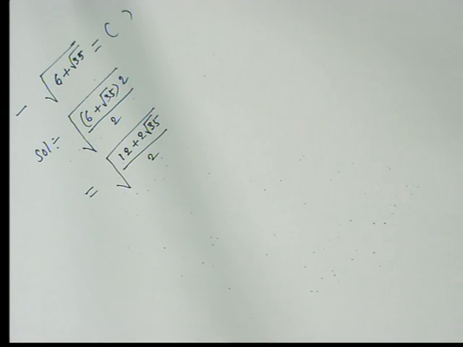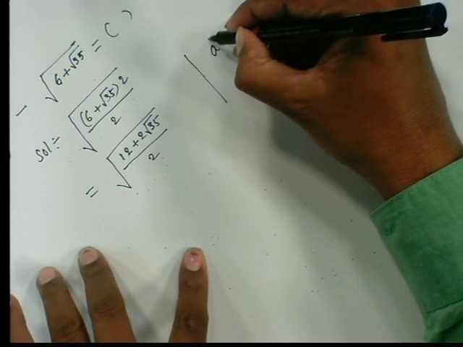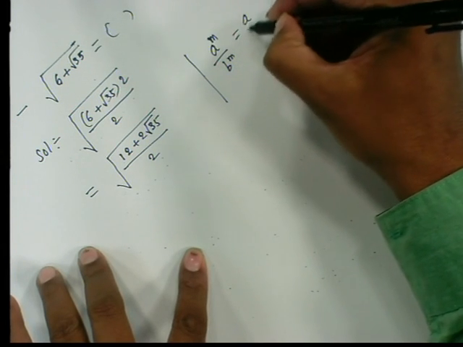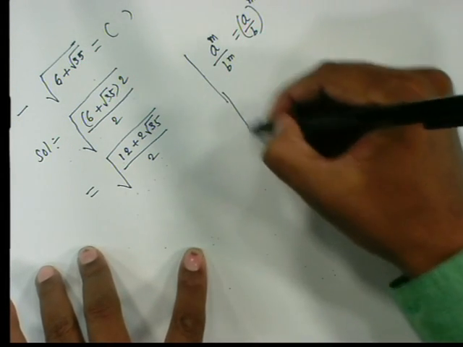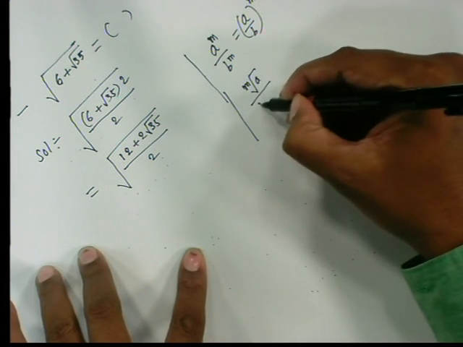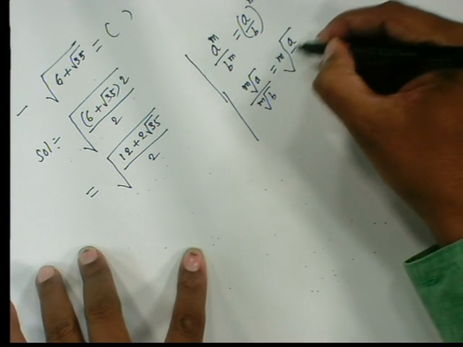So, here let us discuss the theory of indices. In the theory of indices in 8th class, you might have come across this formula: a to the power of m by b to the power of m is equal to a by b whole to the power of m, or mth root of a by mth root of b equals mth root of a by b.